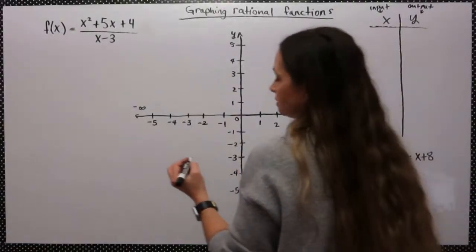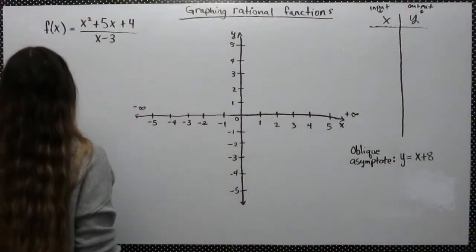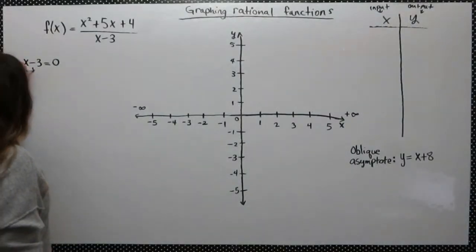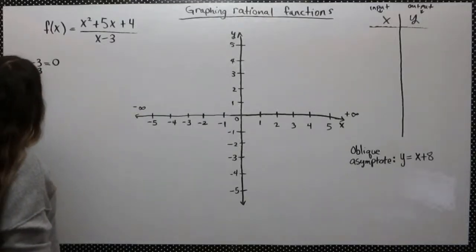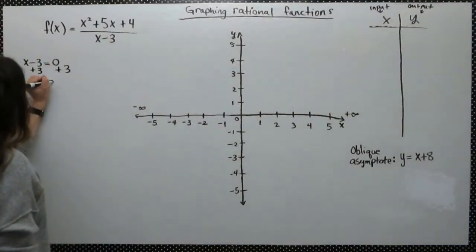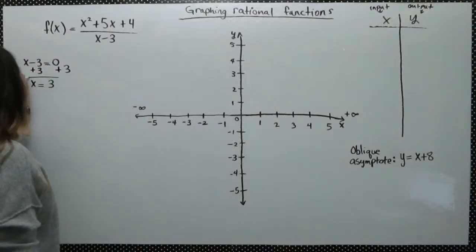So for vertical asymptotes, you solve x minus 3 equals 0. That's going to tell you what values make your denominator 0. You solve this one-step equation by adding 3 to both sides, and you get x equals 3. So this is your vertical asymptote right here.